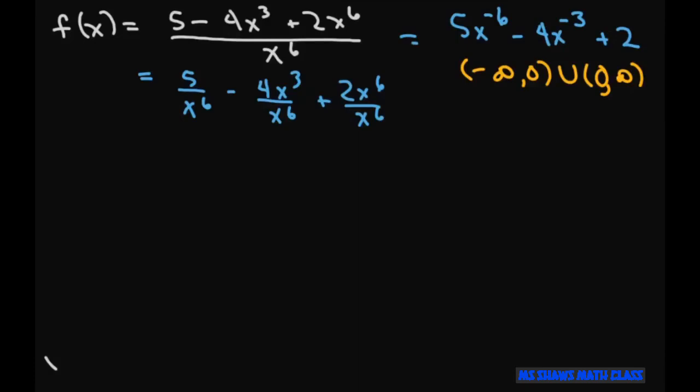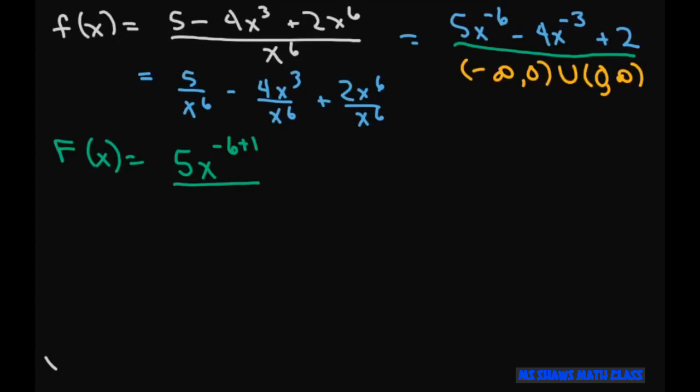So basically, let's take the antiderivative. Let's call this big F of x. And we're looking at this piece. So you're going to write down your 5x to the negative 6 plus 1 and divide by that.